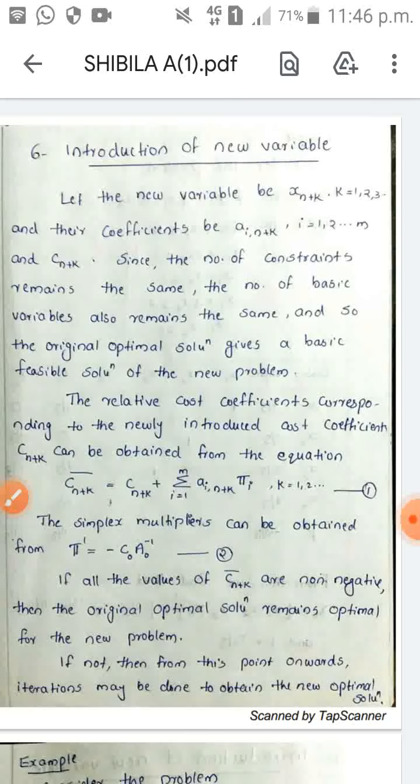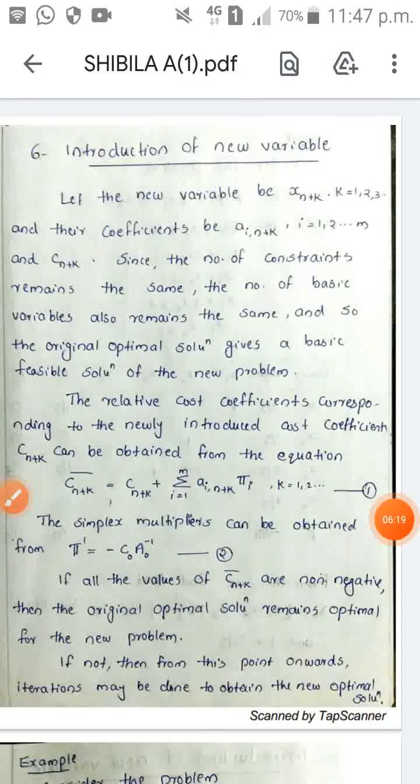That is, if one of the relative cost coefficients is less than 0, then the solution is not optimal. Then we apply the iterations and obtain the new optimal solution.